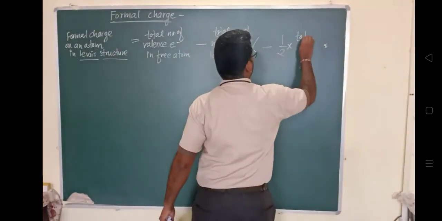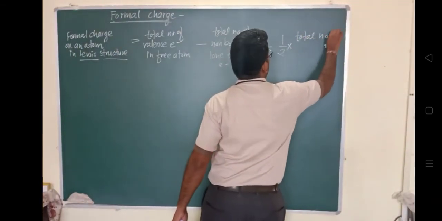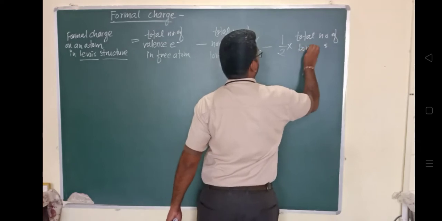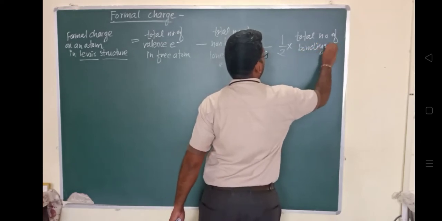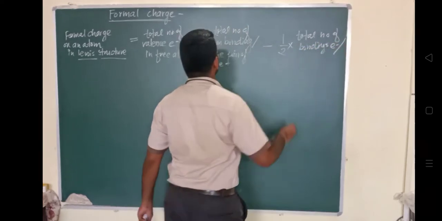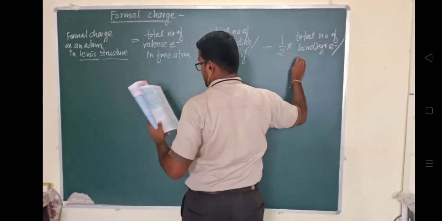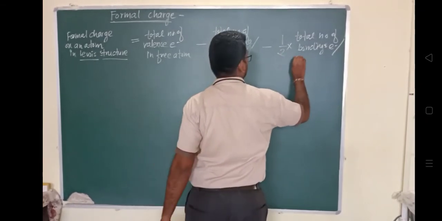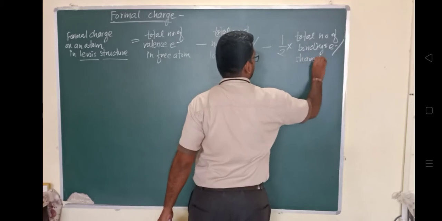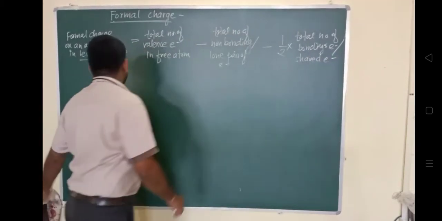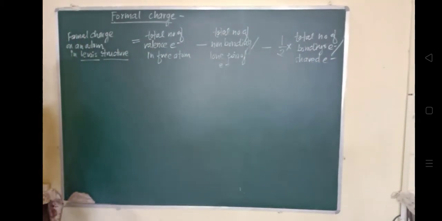The bonding electrons, जो bonded हैं, or we can call them the shared pair of electrons. How many shared electrons? So this is the formula to calculate the formal charge.